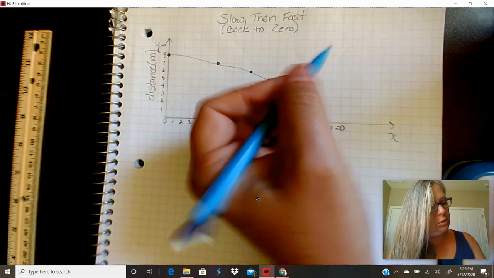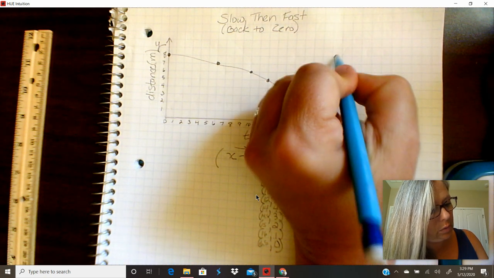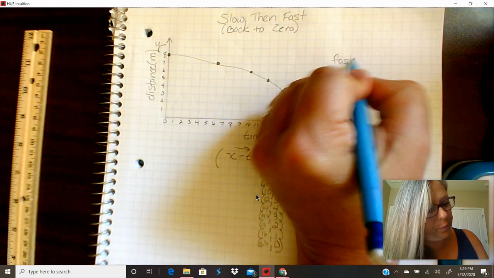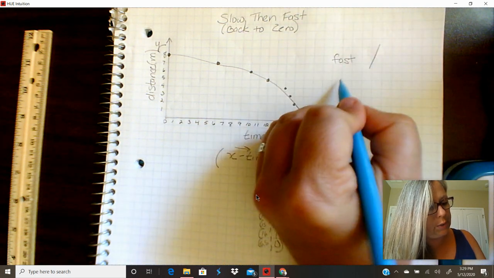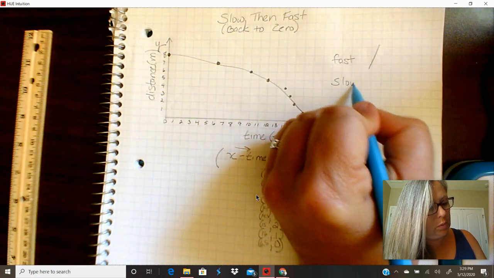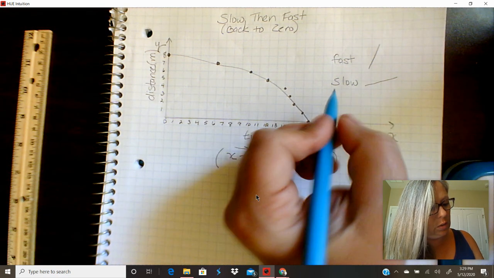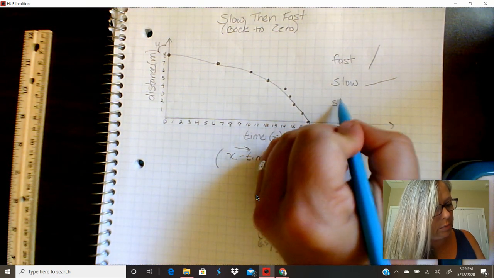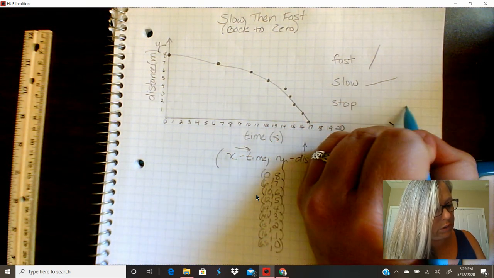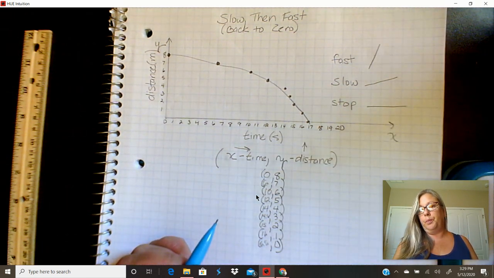Remember that a fast diagonal is very steep, and a slow diagonal is pretty flat, and a stop is a horizontal line, right?